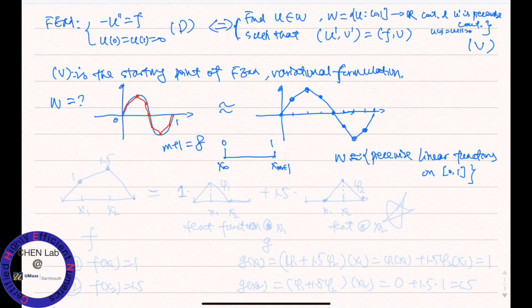We try to approximate W because otherwise we cannot really quantify W. We cannot really use numerical schemes to attack the problem.